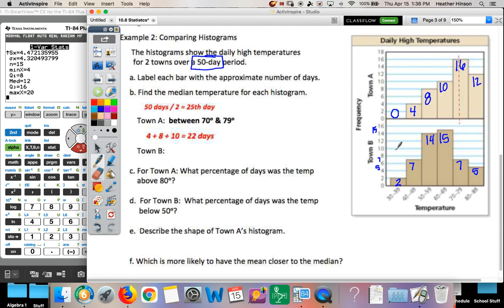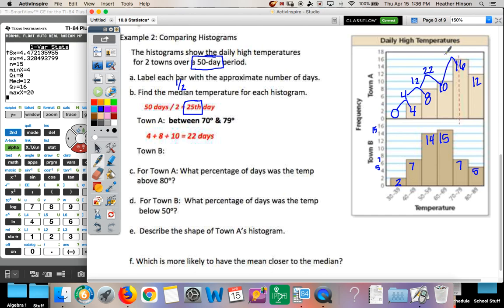So find the median temperature. The median is going to be halfway. Half of 50 days is 25. So we want to find the 25th day. We can add these up. 0 plus 4, that's 4. Plus 8 is 12. Plus 10 is 22.